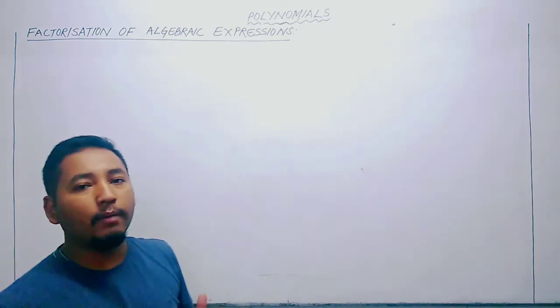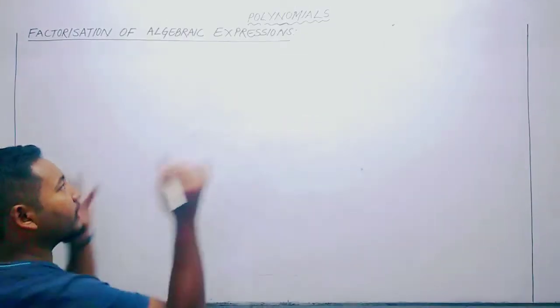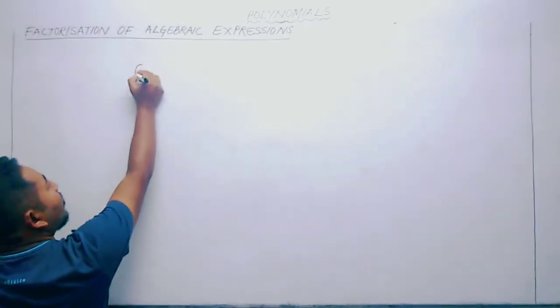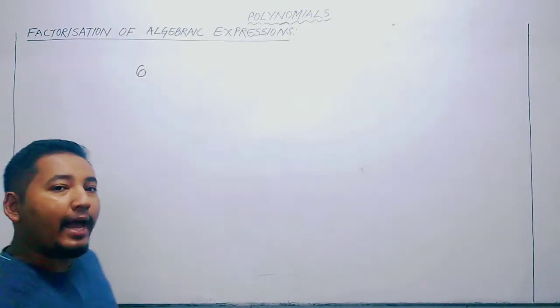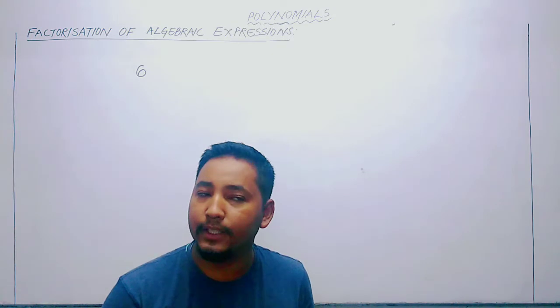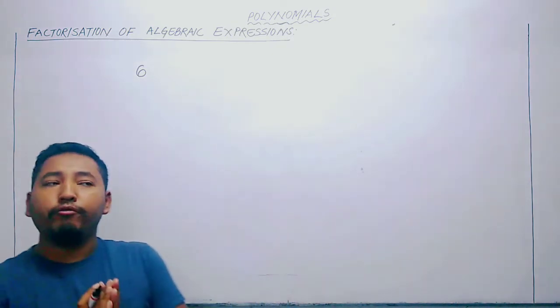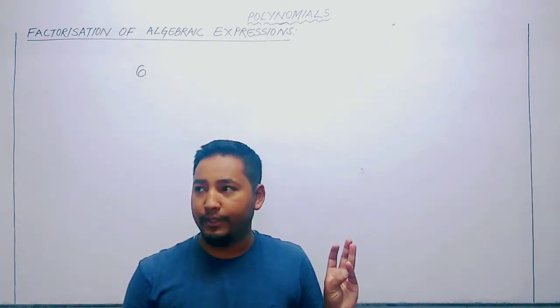Let me give you an example. If I say write down 6 as a product of its factors, what does it mean? First of all, what is a factor?